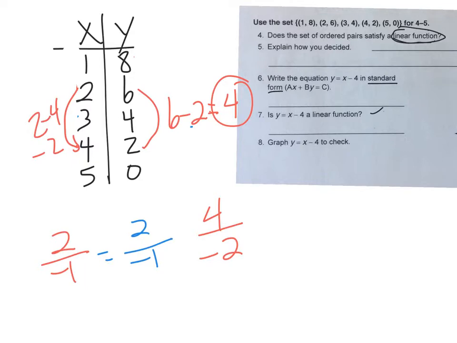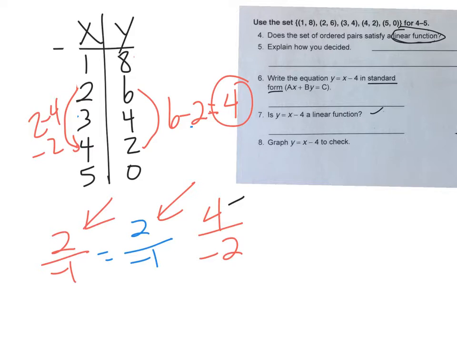Now, it might not look the same as these two, but let's go ahead and try to reduce. If I divide by 2, I end up getting 2 over -1, which is exactly the same as these. So how did I decide? By finding various slopes of the coordinate points and then comparing them.